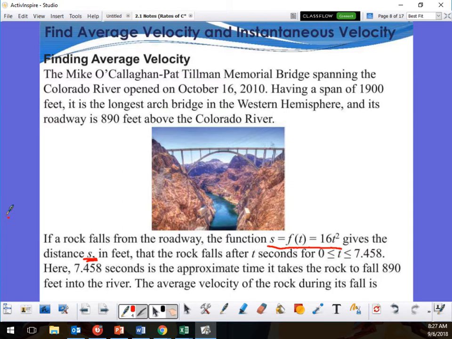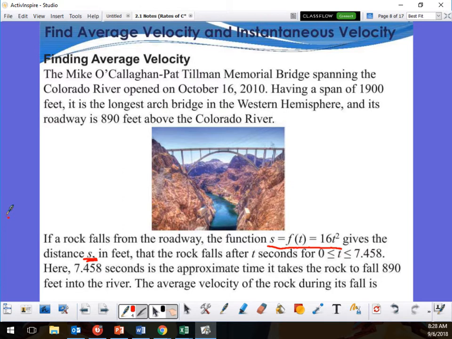The average velocity of the rock during its fall is what we're going to find. If I'm doing an average, I'm basically asking for a secant line, from the start to the end.